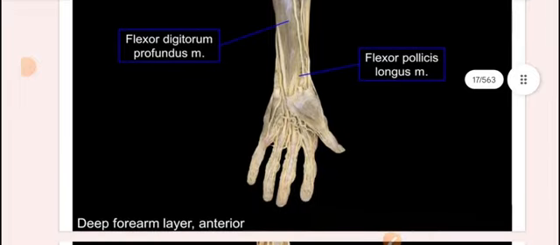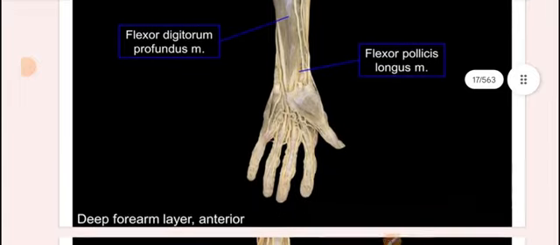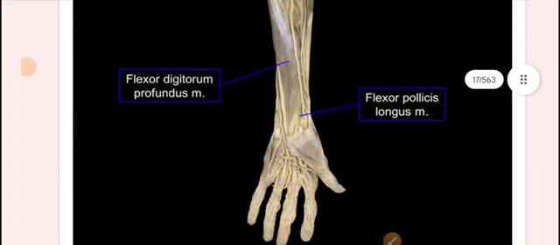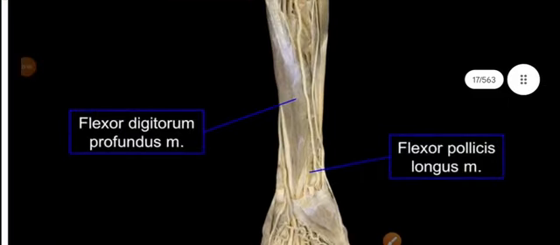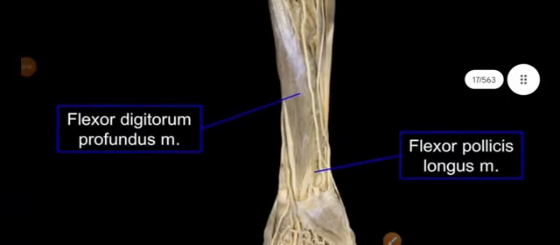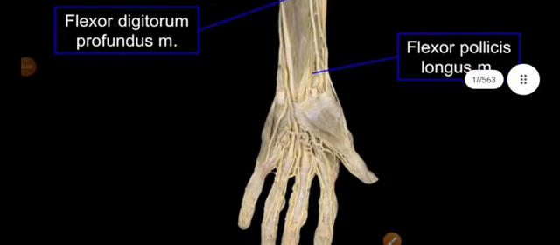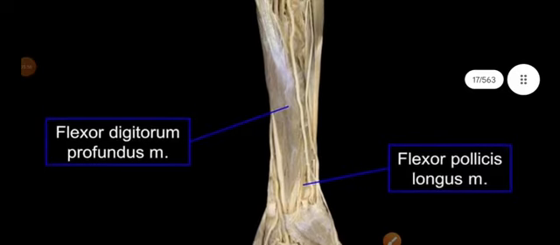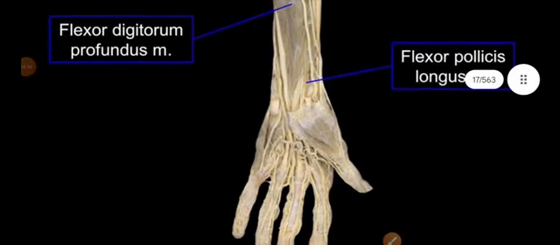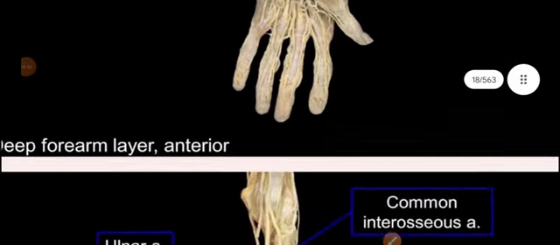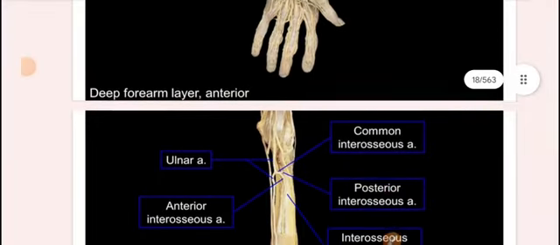Now the next is the deep forearm layer anteriorly, where we can see flexor digitorum profundus and flexor pollicis longus muscle. This is the deep forearm layer anteriorly.